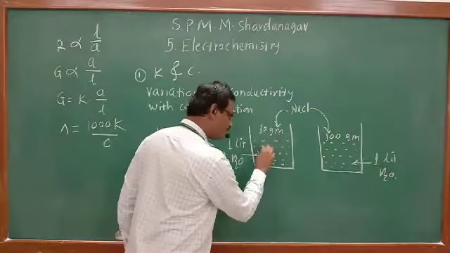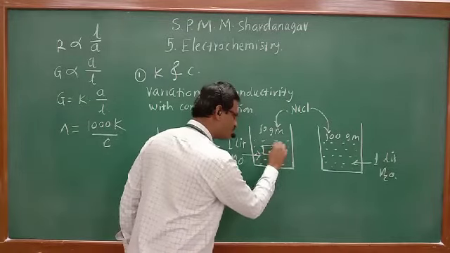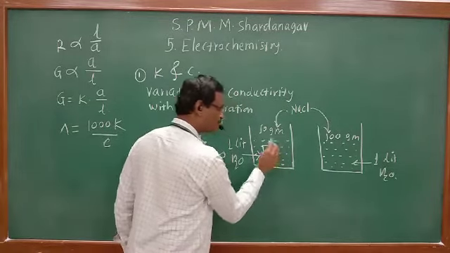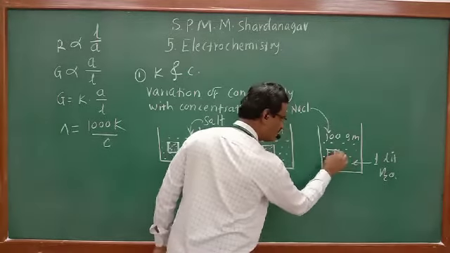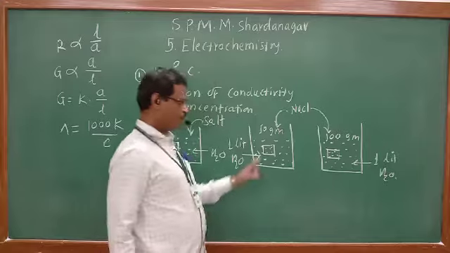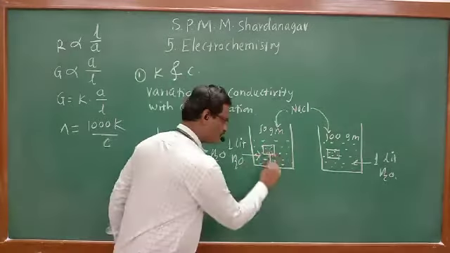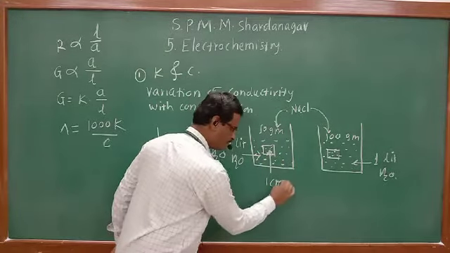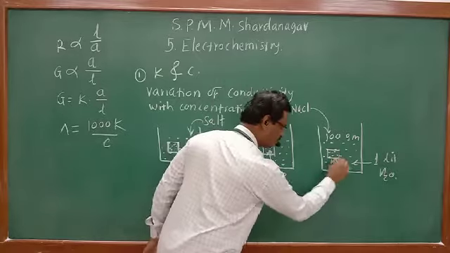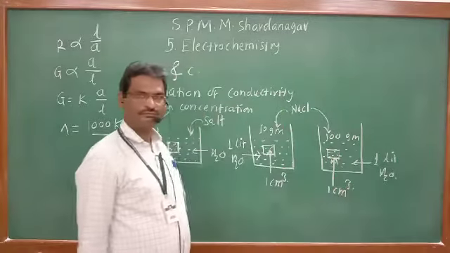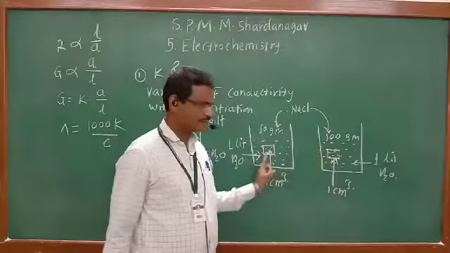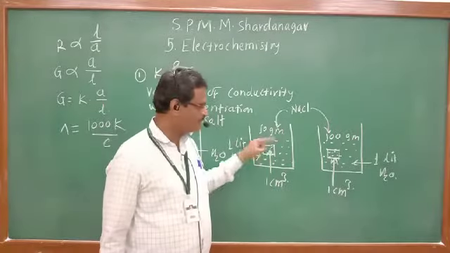Now, if we take 1 centimeter cube volume here and 1 centimeter cube volume here in the second case, volume is same. Now in both cases, there is NaCl in water.